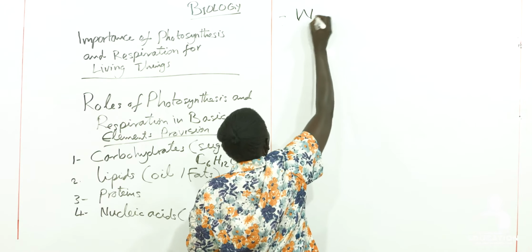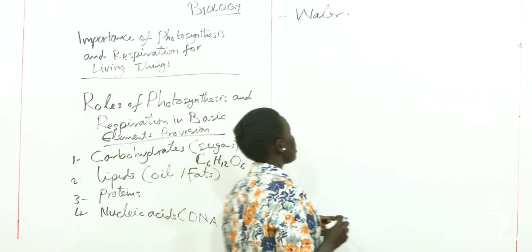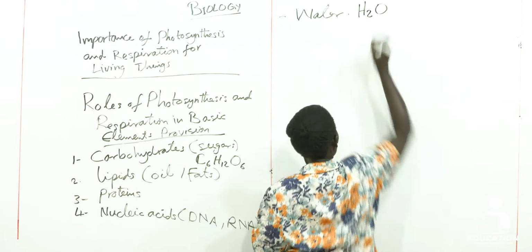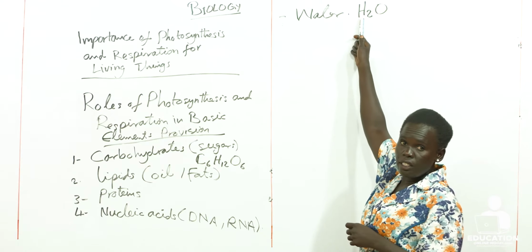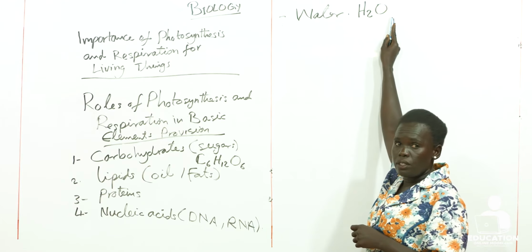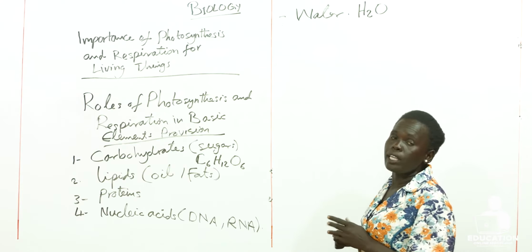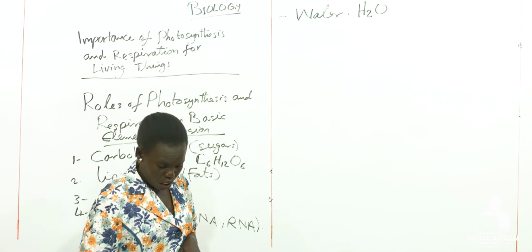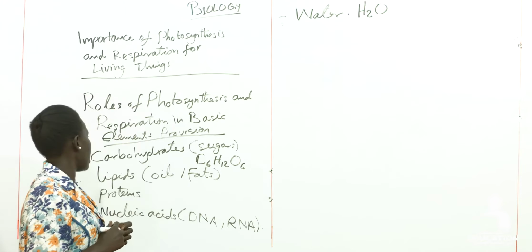Then also water can be formed from the 6 common elements, and water is an inorganic compound. When you look at the formula of water, it is H2O. That means we have combined the atom of hydrogen with the atom of oxygen, and at the end we form water. So all these chemical compounds have functions.